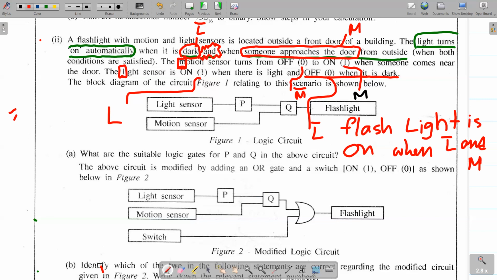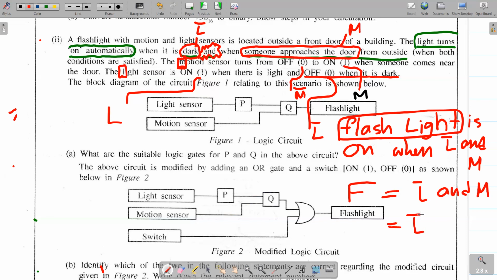So if you take the flashlight as the final output, F equals L bar and M. That gives you L bar dot M.